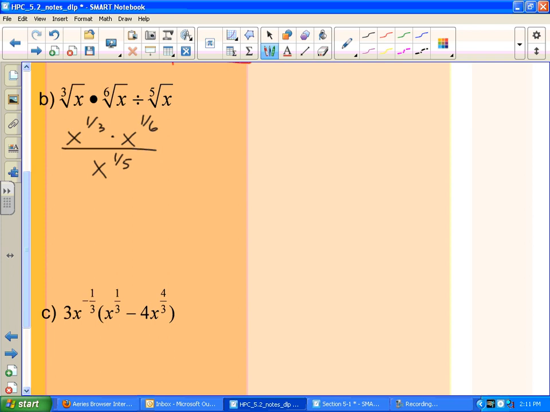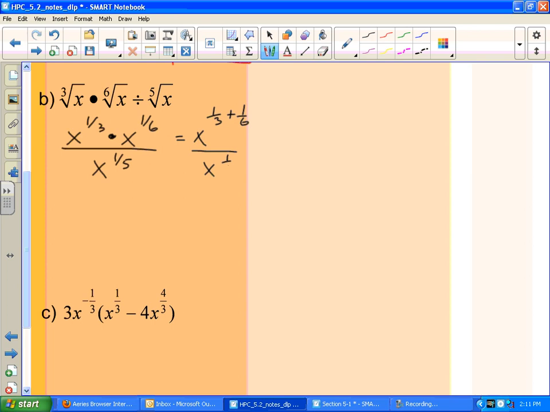Okay, very good. So now we have a situation like the previous problem. Oh, well, I don't have to break this fraction up because I'm multiplying. Never mind. I was thinking addition and subtraction. We can simplify the numerator. Like bases add their powers. So x to the 1/3 plus 1/6.